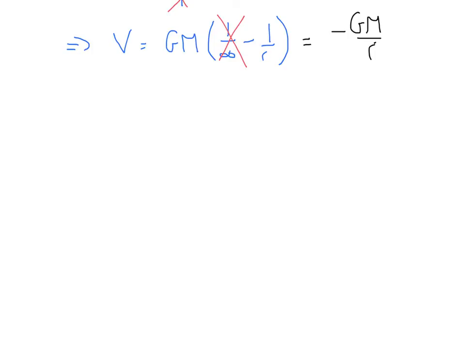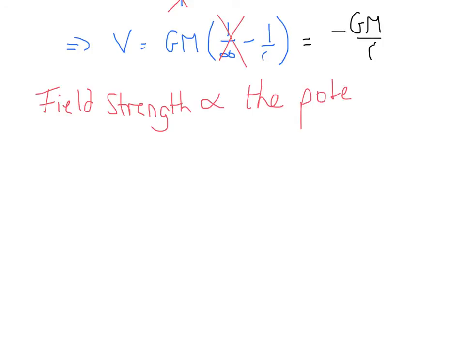But the main conclusion you can draw is that field strength is proportional to potential, what's called the potential gradient.